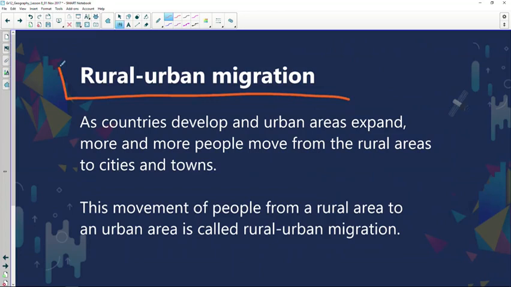Now, if you look at the definition of rural-urban migration, it is the movement of people from rural areas to urban areas. Now, over the years, they reckon in 15 years' time that most of the population in South Africa will be urbanized. Now, the reason why this migration is taking place is because of the pull and push factors.